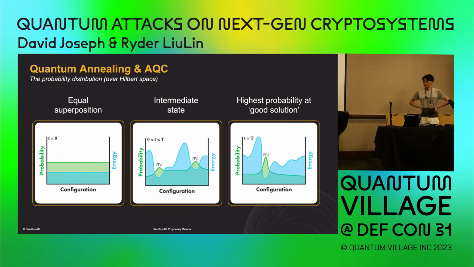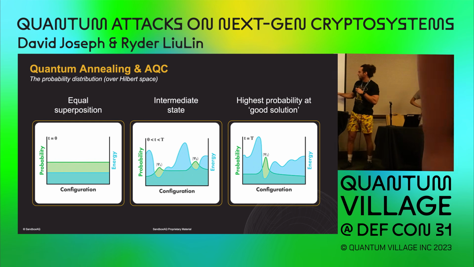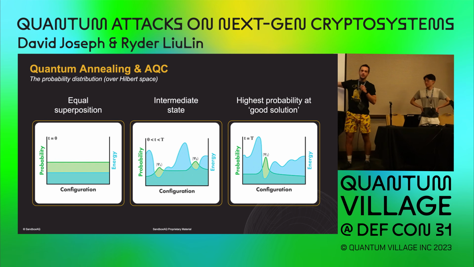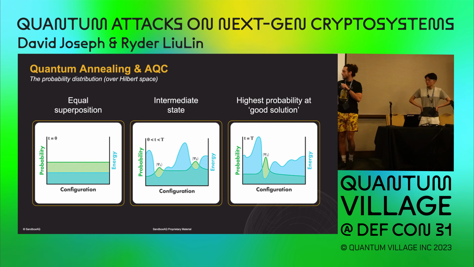Useless. Eventually we're going to get to a probability distribution over all of the states, like 1, 0, 0, 0, 0, 1, 1, 1, 1, and every state in the Hilbert space that goes along. What this corresponds to is, when you get to the final Hamiltonian, you've got a super localized wave function, and that means when you measure it, there's a super high probability of measuring it in this one state, which is great because it's the lowest energy. This is the solution you're looking to get.